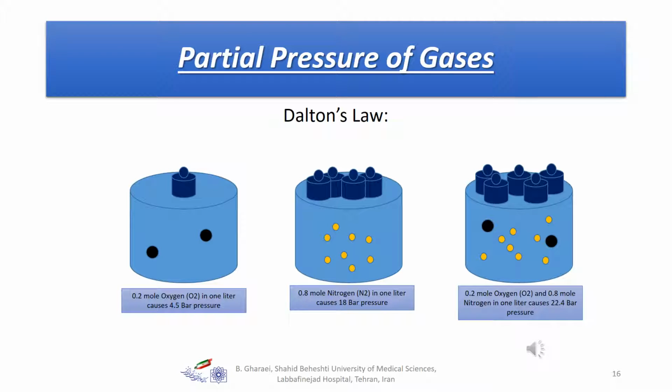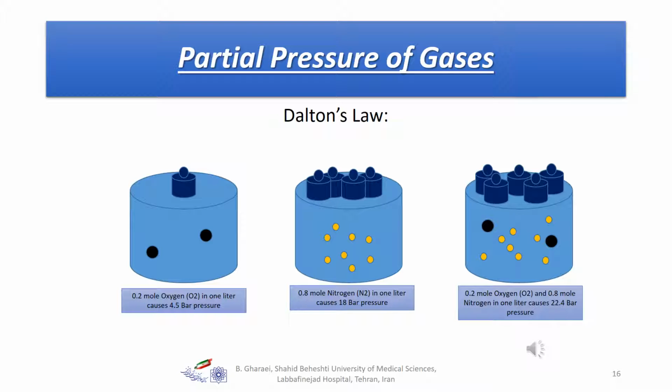As you can see in this slide, we have a formula called Dalton's law. It says that partial concentration of a gas over the total volume of the gas is equal to the partial pressure of the gas over the total pressure of that gas in a fixed temperature.